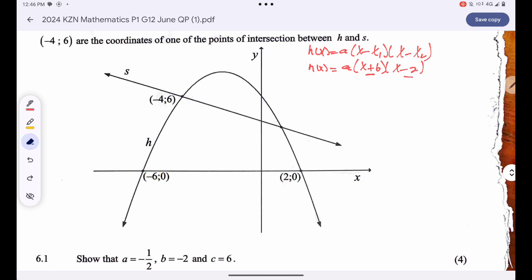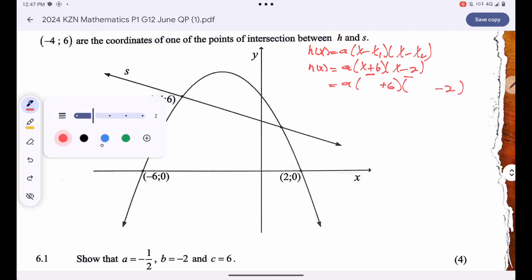Now all I need to do is to find the value of a. How can I find the value of a? By substituting an extra point which is on the curve of h. I have a(x + 6)(x - 2).